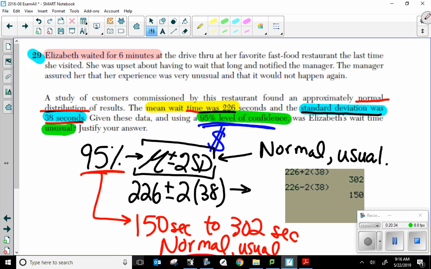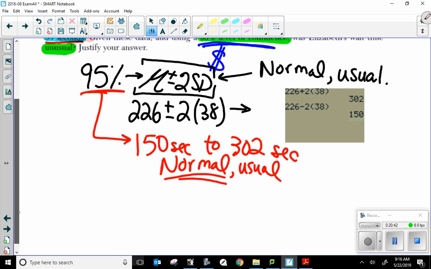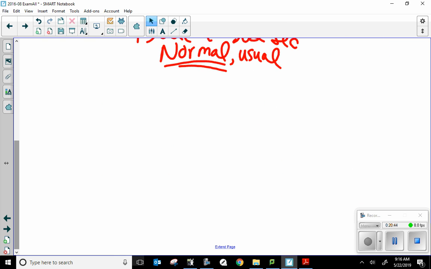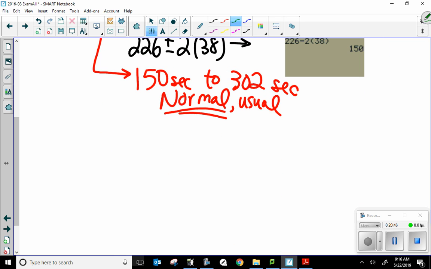They gave us seconds, we need minutes, or rather the other way around. There's 60 seconds in a minute, so if I times that by 60, that's 360 seconds was Elizabeth's wait time. Is that inside this interval?